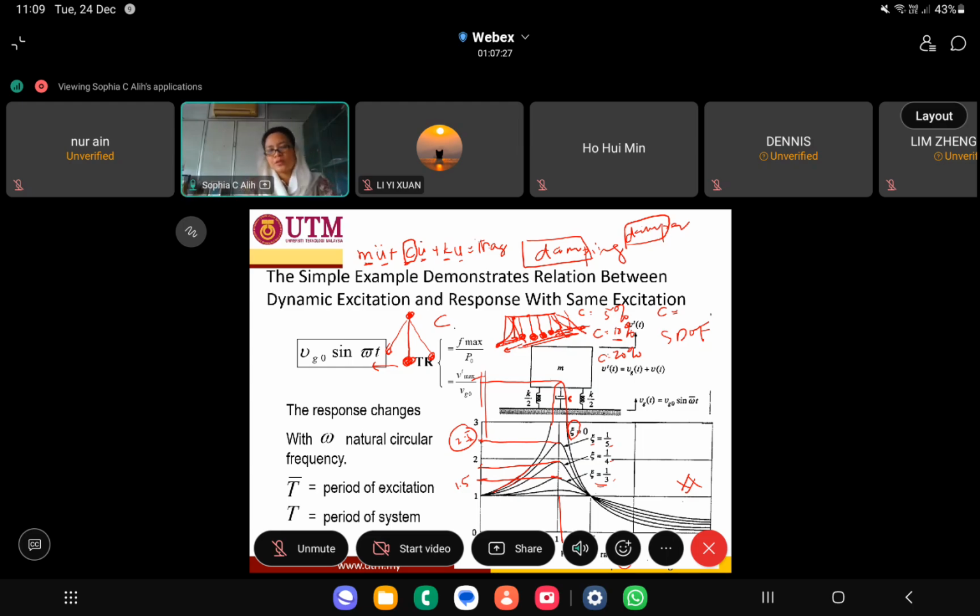So in this graph, you can see how the damping ratio is going to save your structure, whether it is going to reduce the vibration or not. For some structures, like a high-rise building, after they have been constructed, they feel that there is too much vibration.